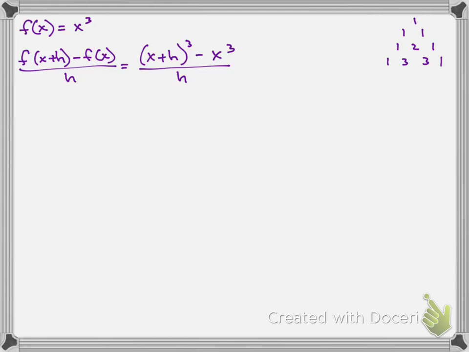And using our binomial expansion skills, x plus h cubed is going to be 1x cubed plus 3 what? X squared h to the first, so good, plus 3xh squared plus 1h cubed, minus x cubed, all divided by h.